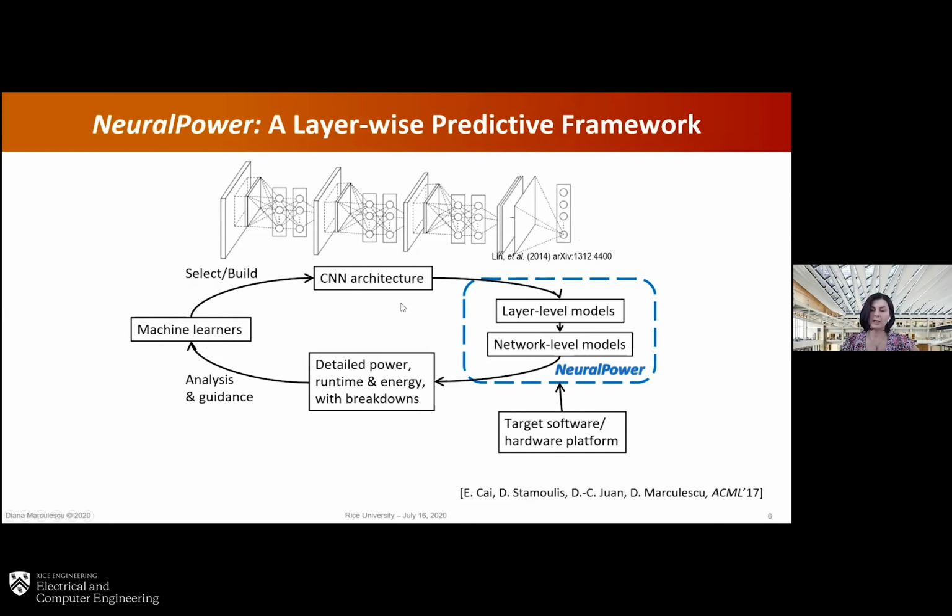So the way we build the NeuralPower framework is by building layer level models for latency, energy and power, composing them into network level models, and then doing so in a target software-hardware platform specific fashion. And then once you do that, you have a detailed power, energy, latency breakdown. So that's the big idea.